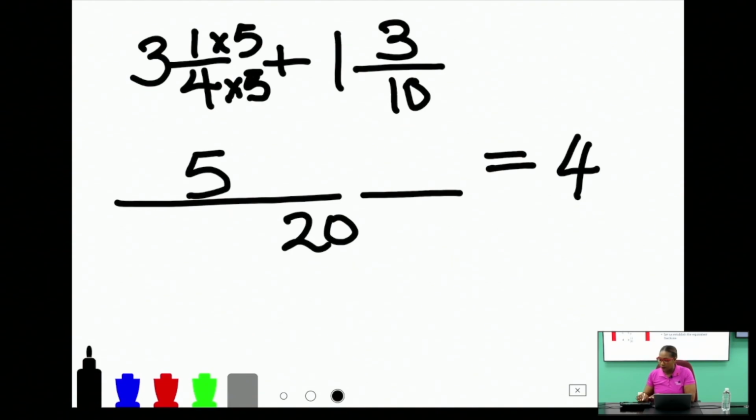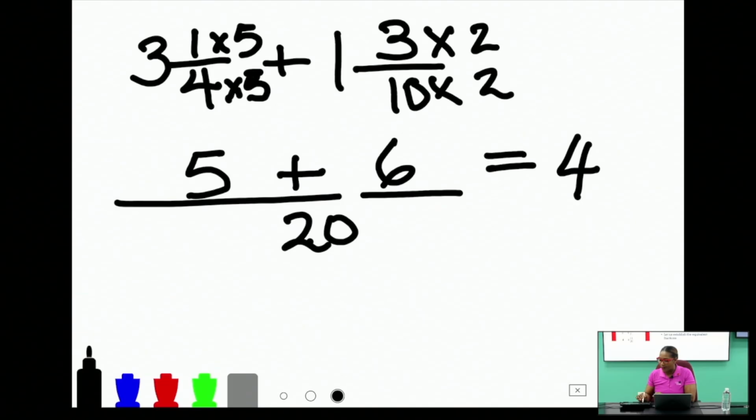Then I'm going to put my plus sign, keeping the integrity of the problem. 10 divided into 20 goes 2 times. That means I would have to multiply 10 by 2 to get 20. I must do the very same thing to my numerator. So 3 times 2 gives me 6. So I have 5 plus 6, which gives me 11, and my fraction is out of 20 equal parts. So my option there is option D.